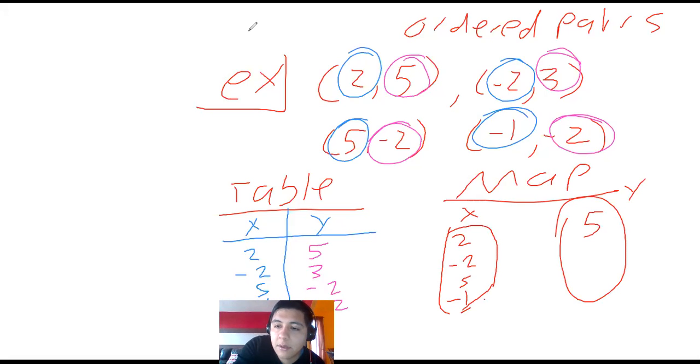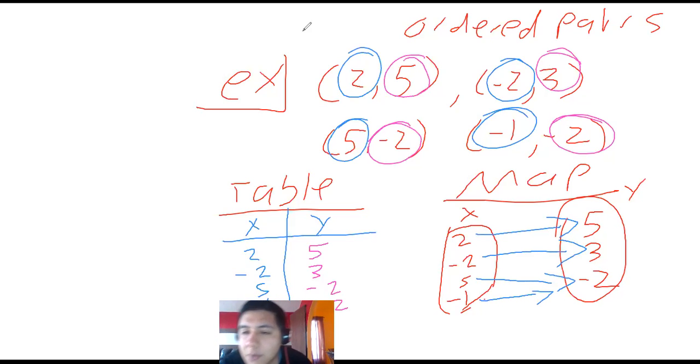So 5, 3, and -2. Now, I only wrote -2 once because the value repeats twice in the y. So all I would do is now just draw arrows directly to the corresponding value. So 2 corresponds with 5, -2 corresponds with 3, and 5 corresponds with -2, as well as -1 also corresponds with -2. So I only had to write that once. And this is how we would write the relation in a map.